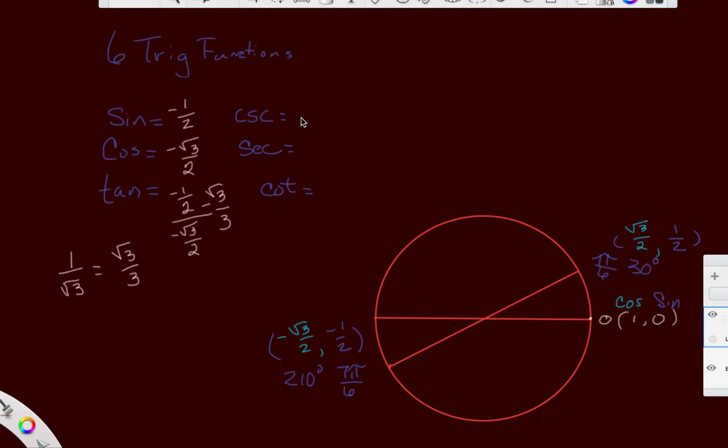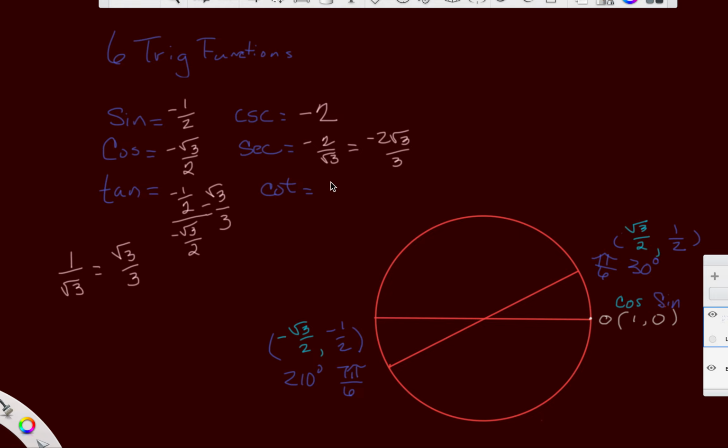This, we just simply flip it upside down, so we have negative 2 here. This one we have to undo the radical denominator, because this would be 2 over root 3. And to do this, we just multiply both the numerator and denominator by root 3, so it's negative 2 root 3 over 3.